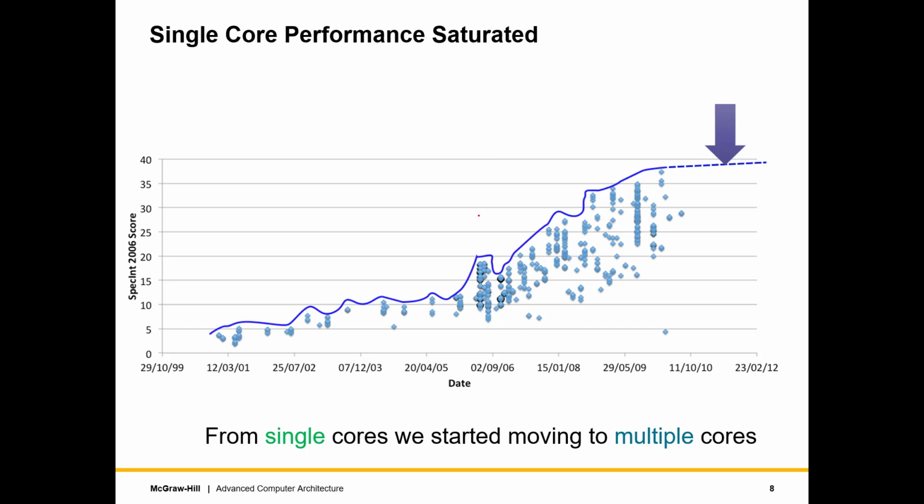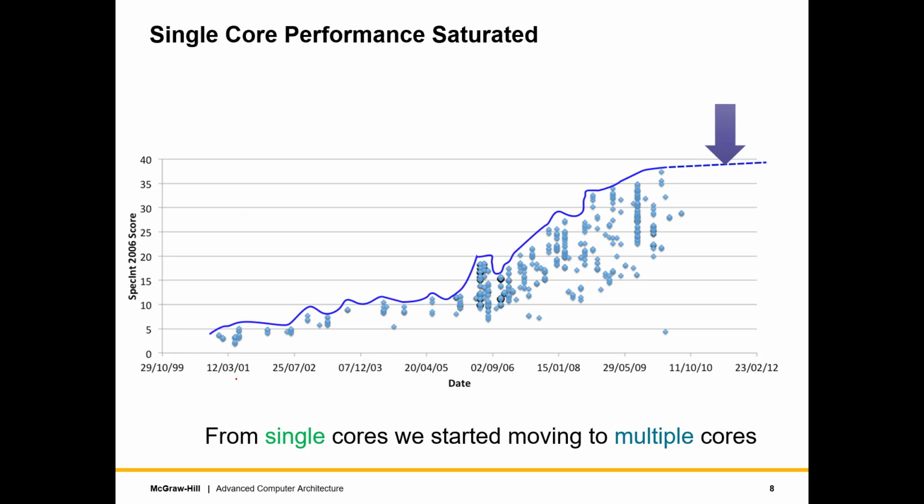So what we will observe towards the end of chapter 5 is that the entire industry and academic community has invested a lot of design effort, a lot of thinking effort, in increasing the performance of out-of-order processors.